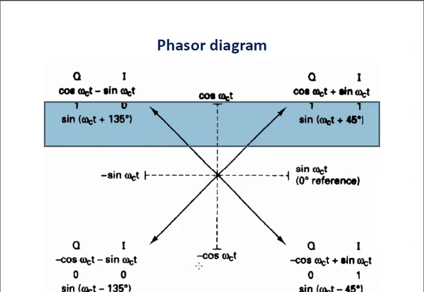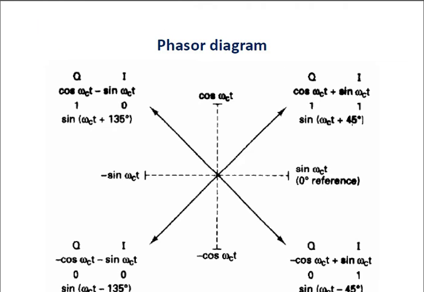And minus cos omega ct once 0 is transmitted in the Q output. So here cos omega ct plus sine omega ct is nothing but sine omega ct plus 45 degree.